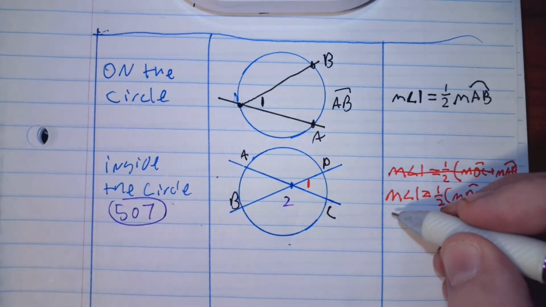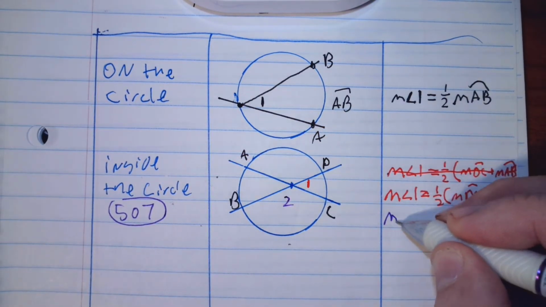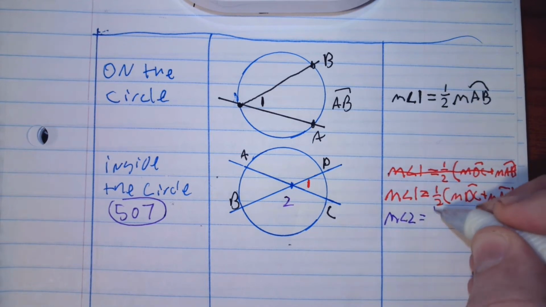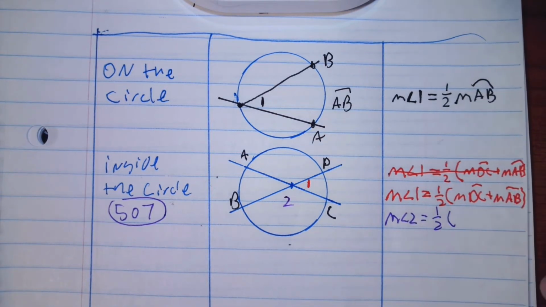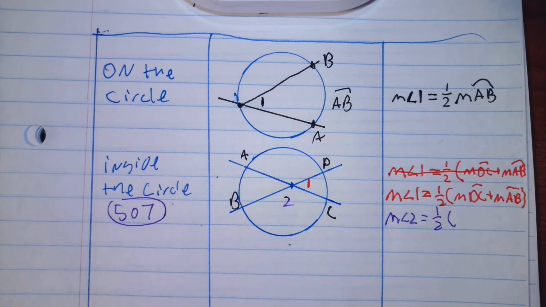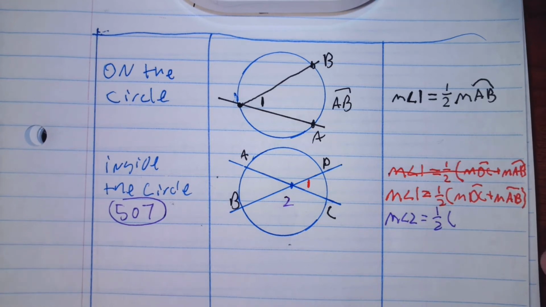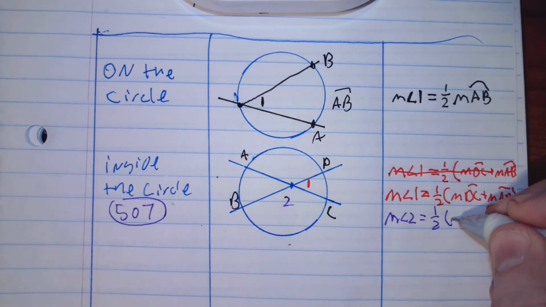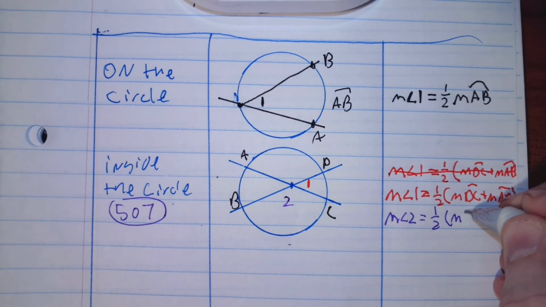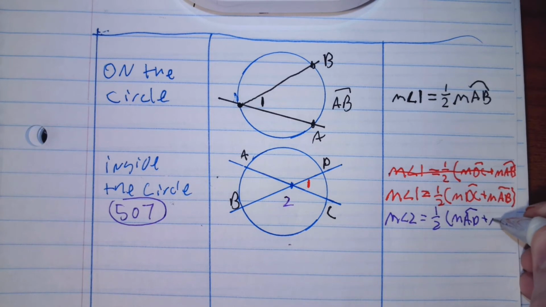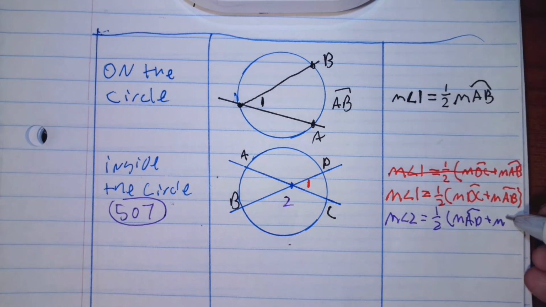All right, and so the other one, measure of angle 2, is going to equal 1/2 measure of AD. I'm going to go over this to make sure you get it. Plus measure of BC.